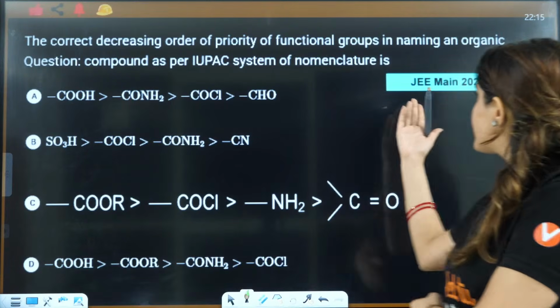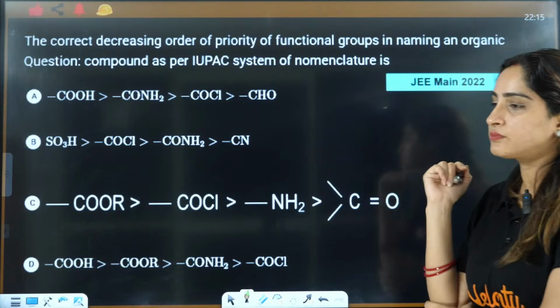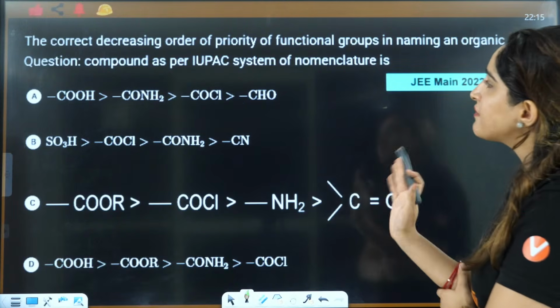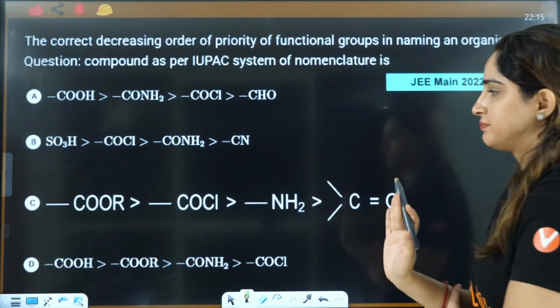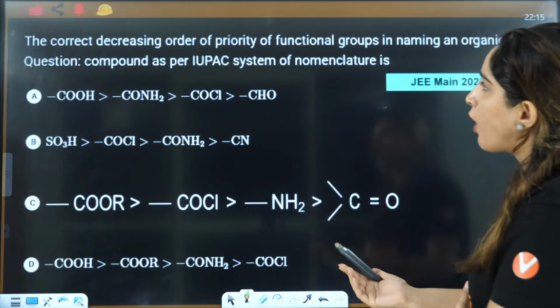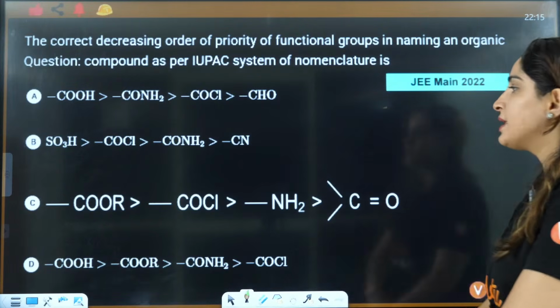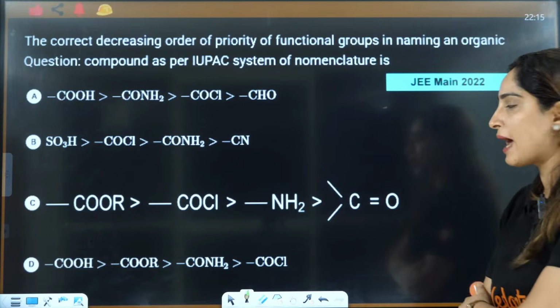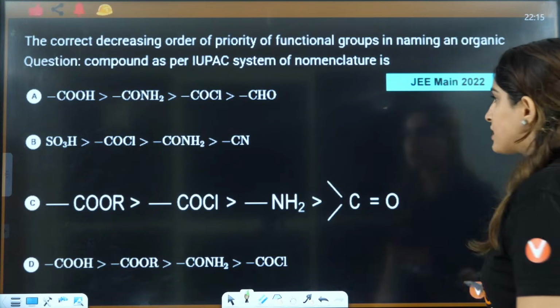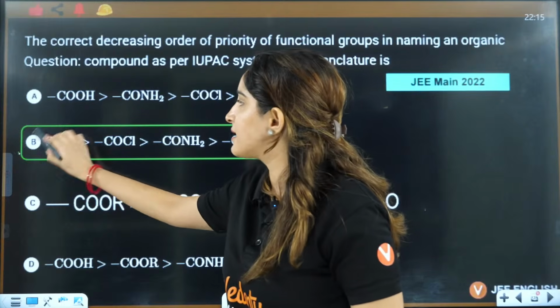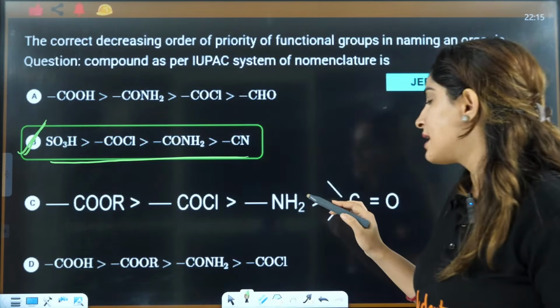This is 2022, right? They have simply asked you the priority order list. Out of that, when you see the priority list, B is the correct answer, which matches, right?